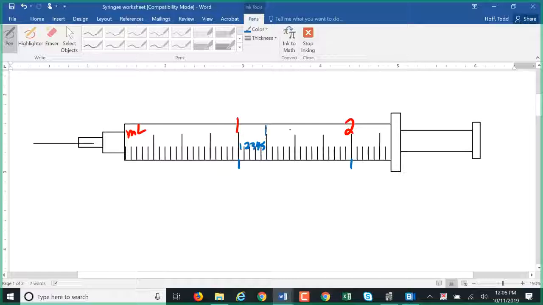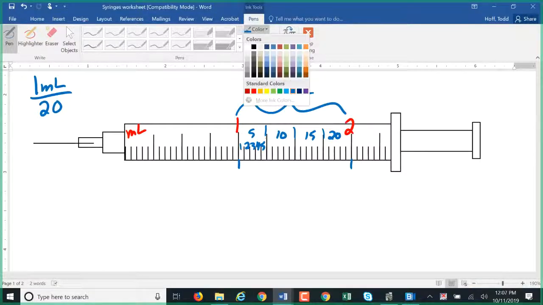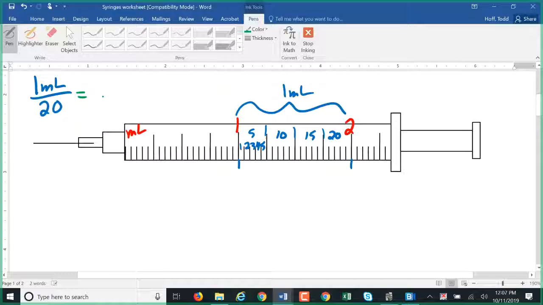Now again, it's obvious that these spaces are the same. That's 5, 10, 15, 20 divisions between there. This is still a 1 milliliter gap. So 1 milliliter is now divided up over 20 divisions. Divide that out, that is 0.05 milliliters per division.